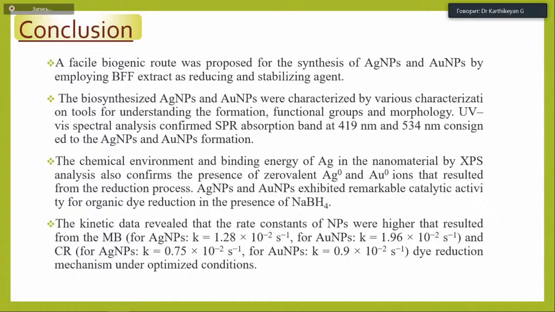The synthesis was confirmed by spectral analysis, with the formation of nanoparticles shown by SPR bands at 490 nanometers and 532 nanometers, assigned to the respective formations. The binding energy states indicate the presence of zero valent metallic silver and gold, and the dye degradation revealed remarkable catalytic activity. The kinetic data were calculated for methylene blue, optimized under various conditions.